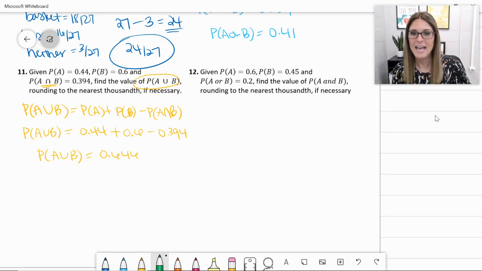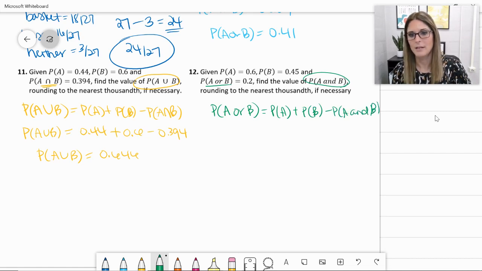And last one, number 12. Let's see, we were given A, we were given B, we were given A or B, and we're looking for and. Now this is a little bit different, right? So our probability of A or B is equal to the probability of A plus probability of B, and then we subtract the and, right?